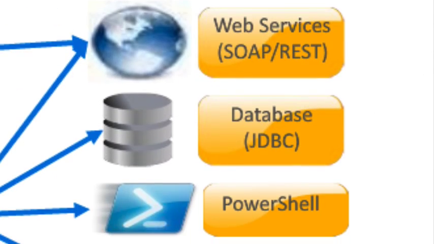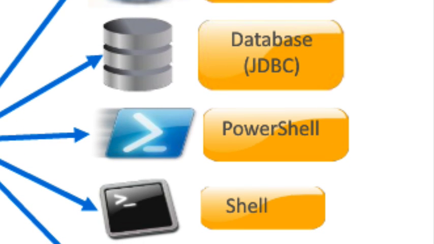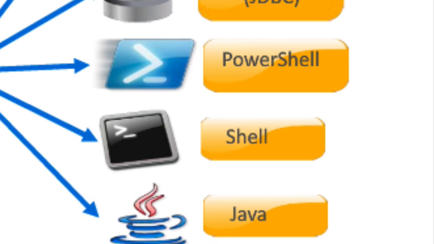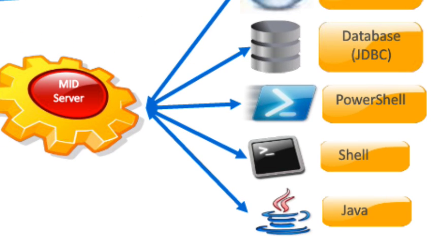As mentioned before, we can also make database calls through the JDBC protocol to third-party databases using a mid-server to broker that communication. ServiceNow can also execute PowerShell scripts, Bash scripts, or even any other command line utilities to interact with a third-party service. Of course, this will need to go through a mid server that has access to the command line or PowerShell interface.